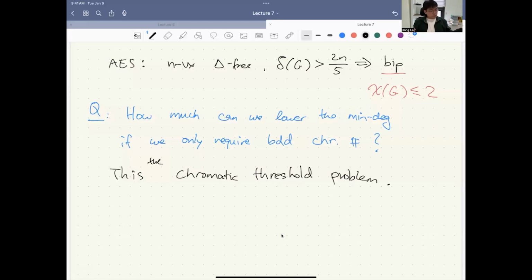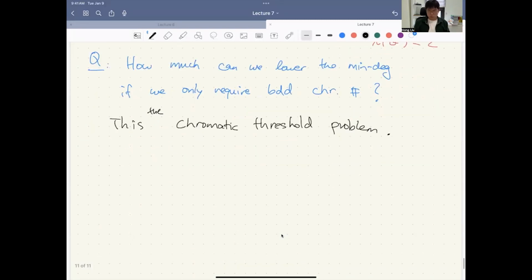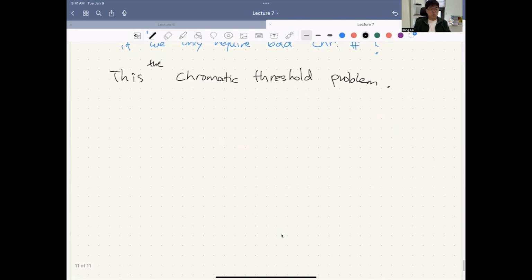So next time, oh, let me make some further comments on dense Turán type problems. There are extensions of this Turán type problem.